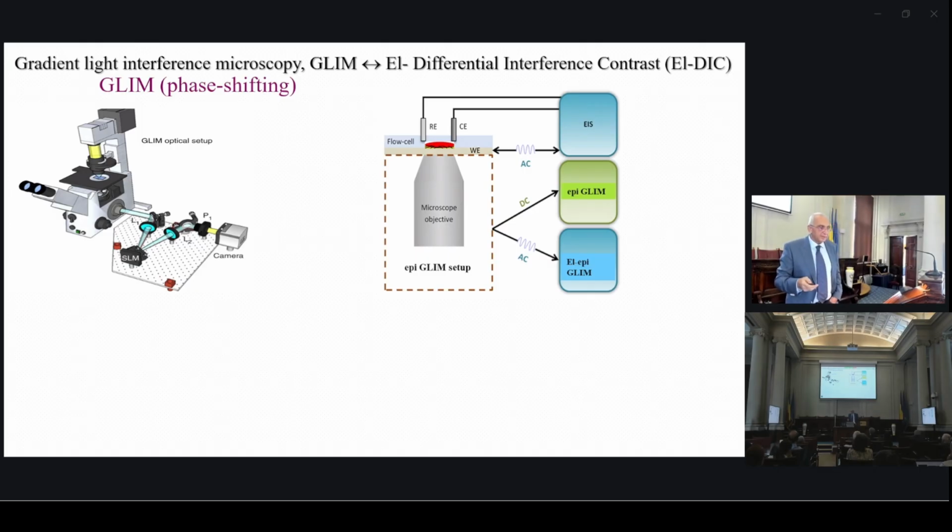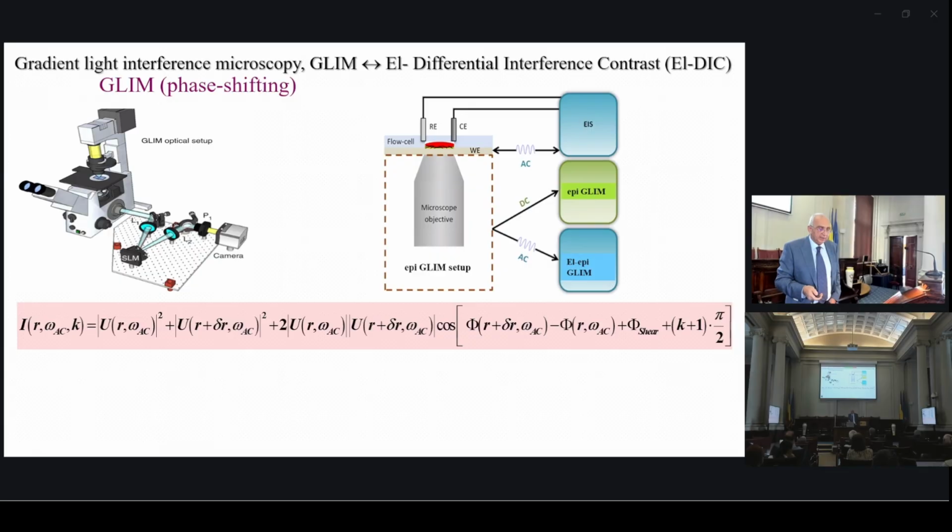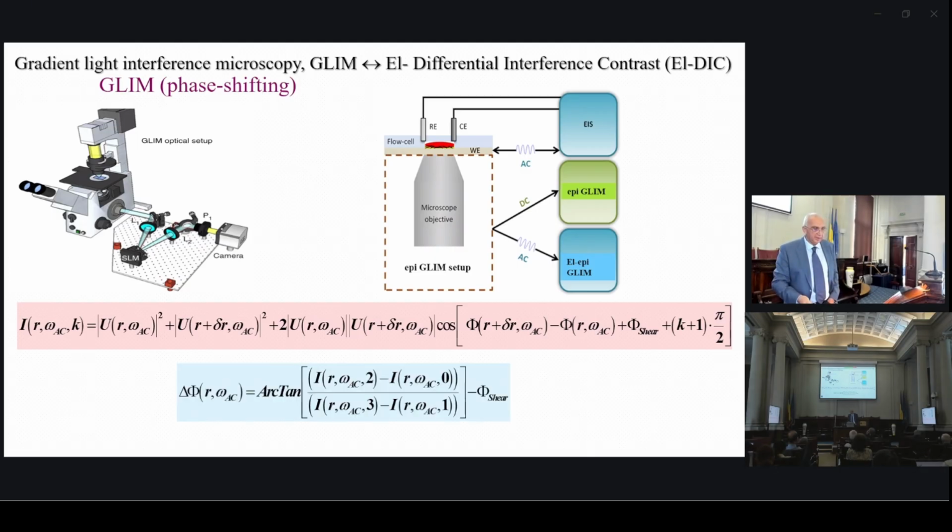Gradient light interference microscopy, a method developed by Gabriel Popescu, provides pretty fast, accurate quantitative phase. It is based on phase shifting, which of course takes time, and it's not entirely cheap. What we did was to perform these types of experiments, of course, with electrical actuation.